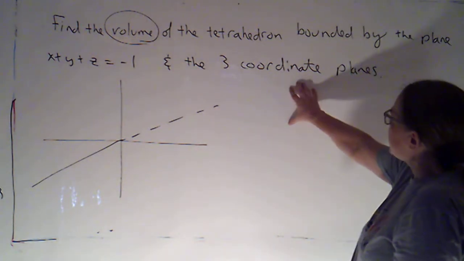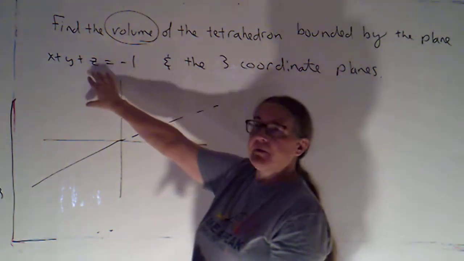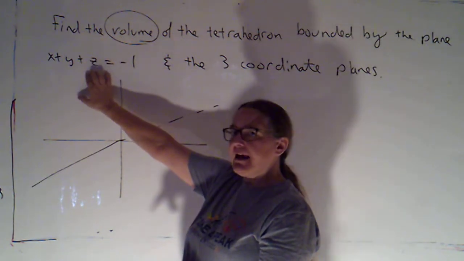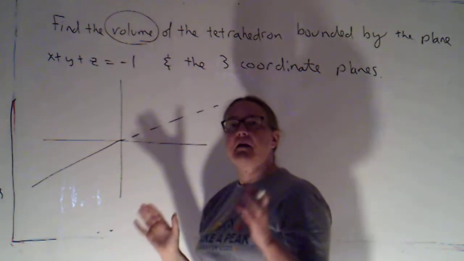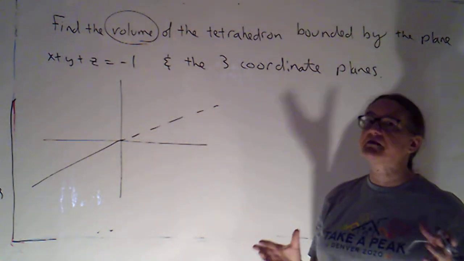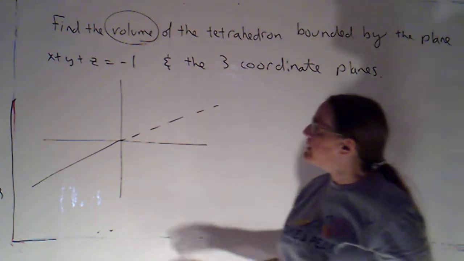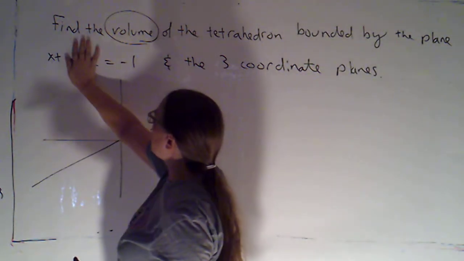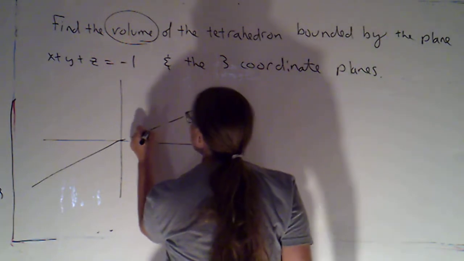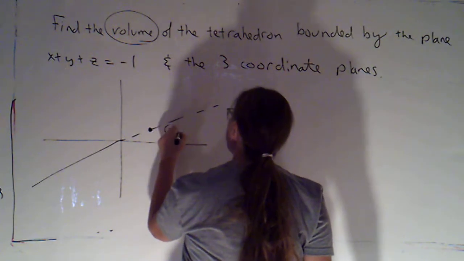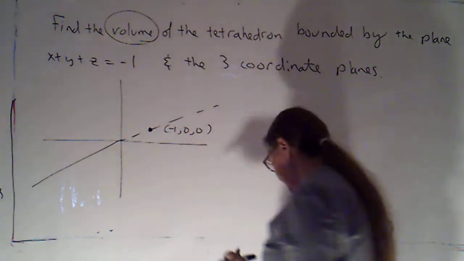Now, if I'm looking at this being bounded by the coordinate planes in this plane, I'll find the triangular section of this plane, that's my cross section, if I just find the 3 points where this intersects the 3 axes. So it would intersect the x-axis when y and z are both 0. That would make x -1. So we'll have a point back here at -1, 0, 0.